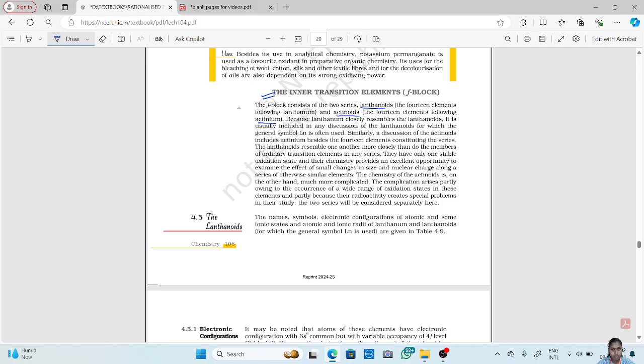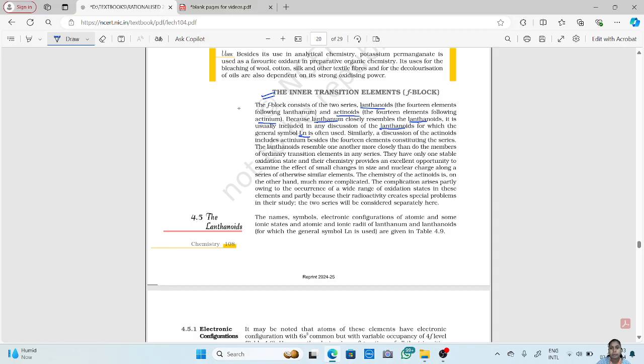So there are two series in inner transition elements or F block, that is the lanthanide series and the actinide series. Because lanthanum closely resembles the lanthanides, it is usually included in any discussion of the lanthanides, for which the general symbol Ln is often used. So in any discussion we will use lanthanide as the general term to represent the lanthanide series.